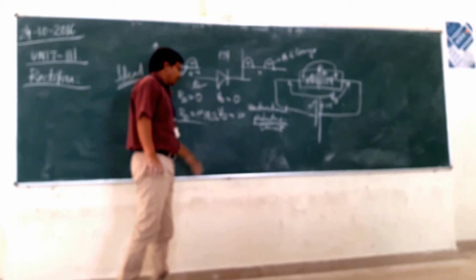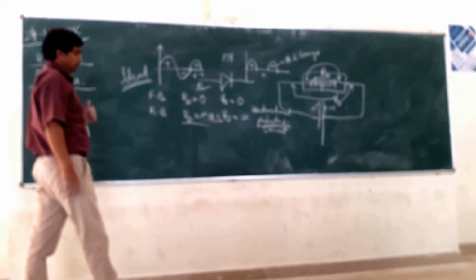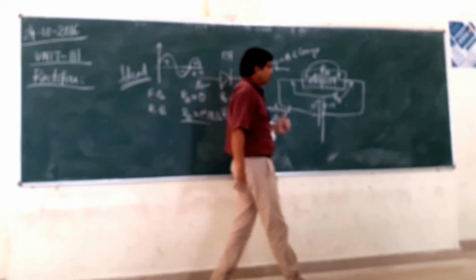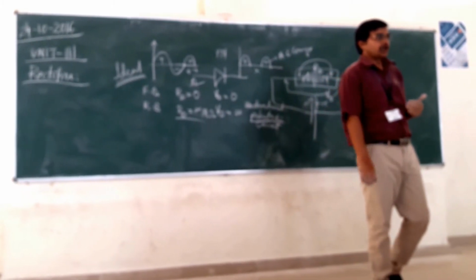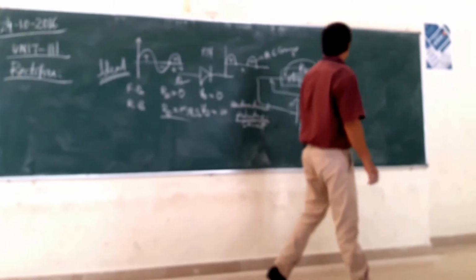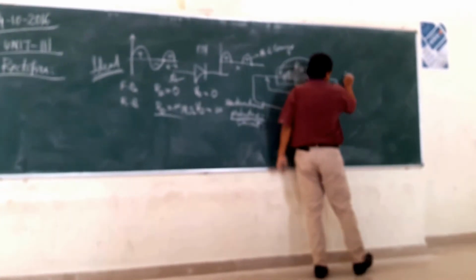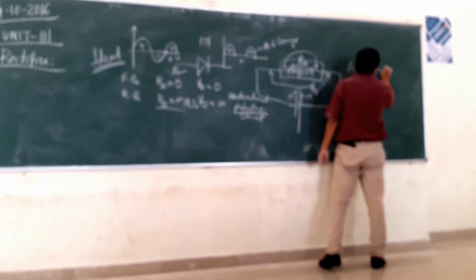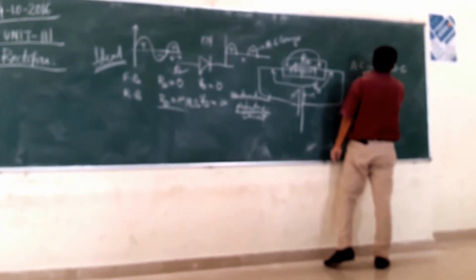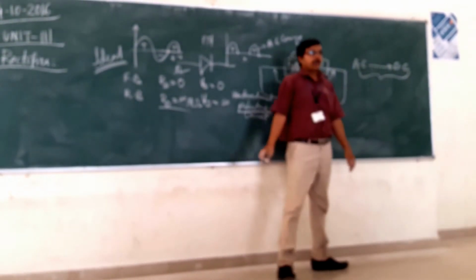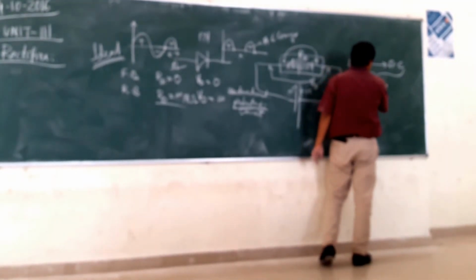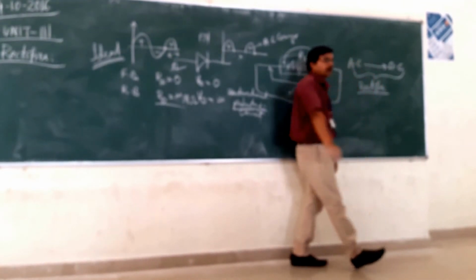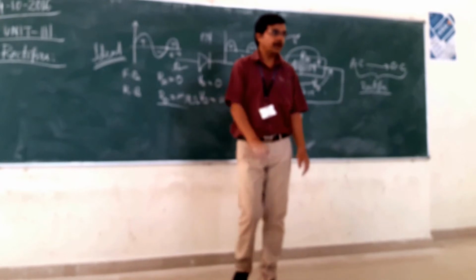These two properties you have. Now, if we have any device or circuit in such a way that it converts AC to DC, that is called a rectifier.